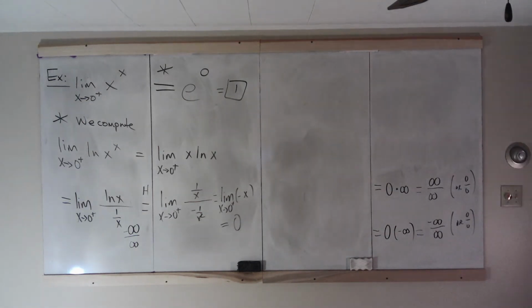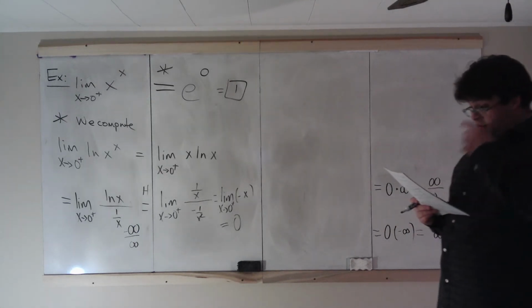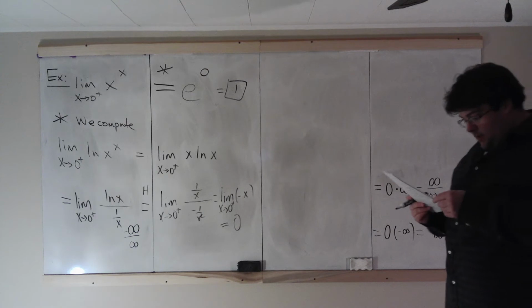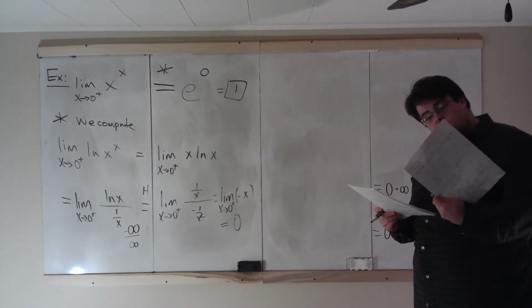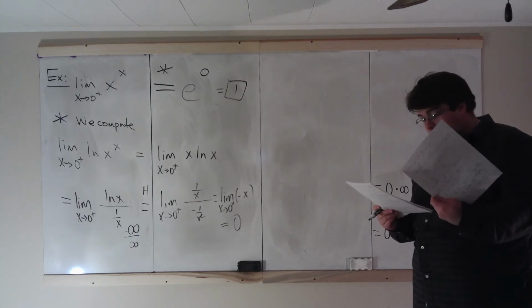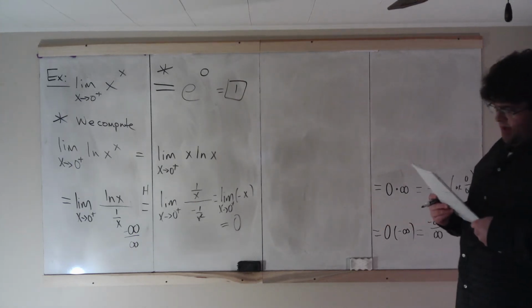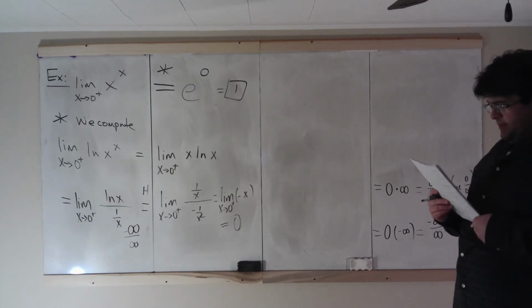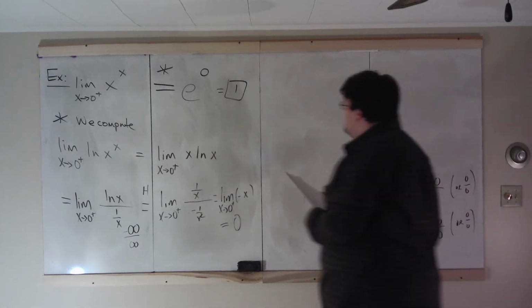Which one's a good one here? Let's see. That one's a little easy. We did a, what was that? That was a 0 to the 0, so let's not do another 0 to the 0. I have a bunch of 0 to the 0s. Let's do this one.